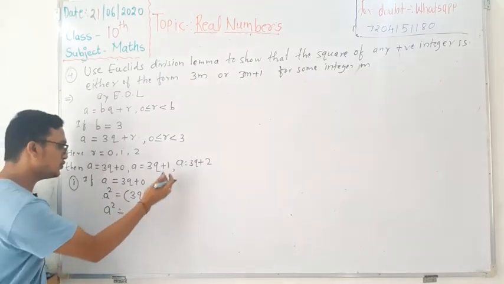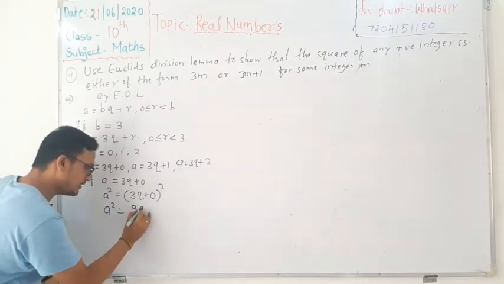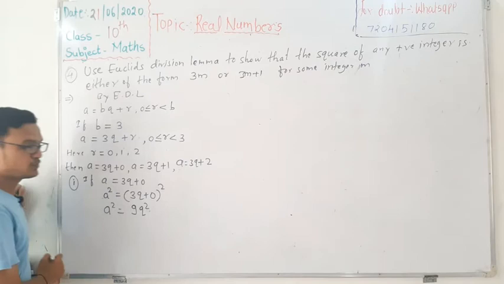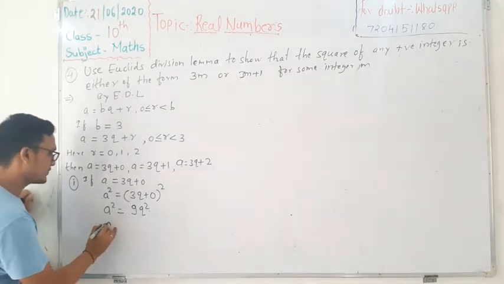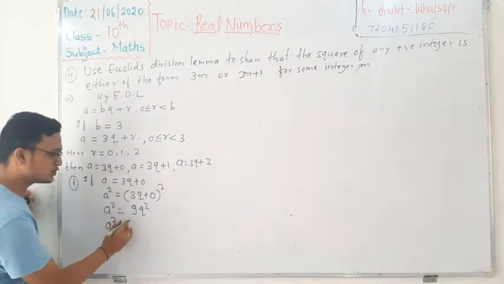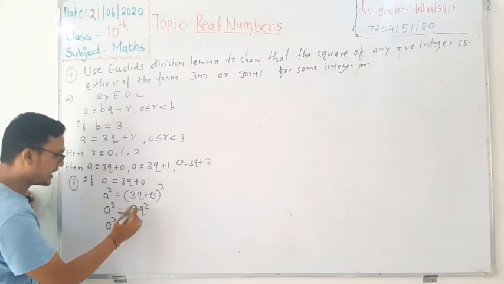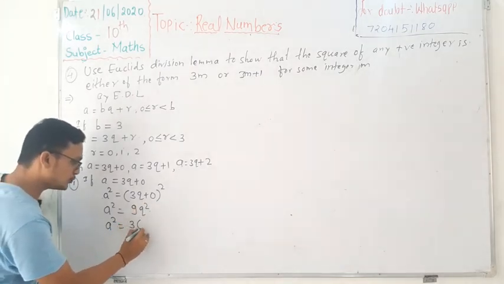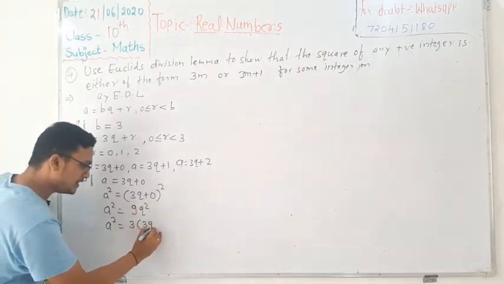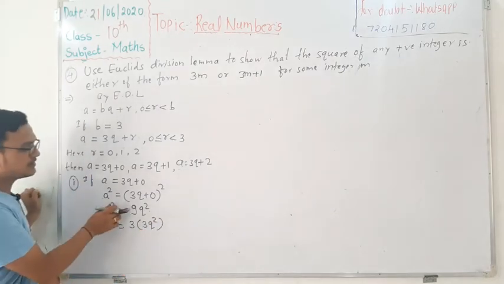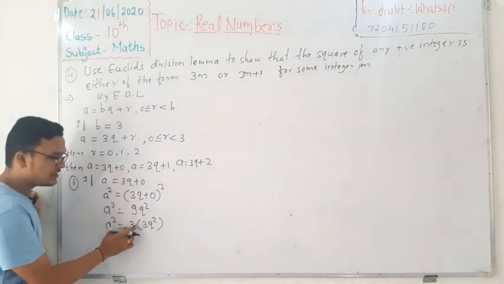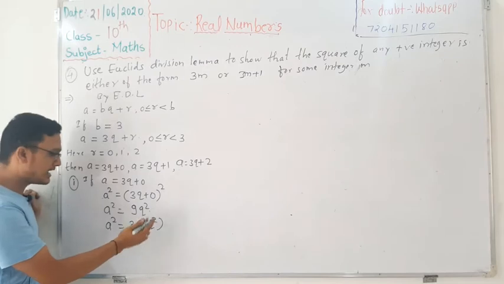So 3q whole square will be 9q square, or a square equals 9q square, which can be written as 3 into 3q square. This 9 I have written as 3 into 3, and q square as it is.